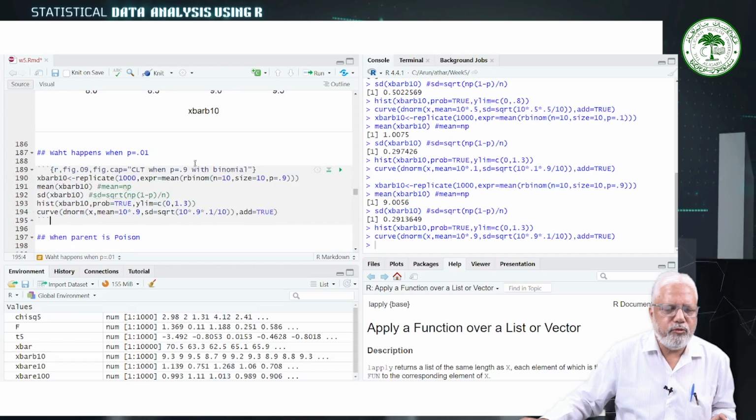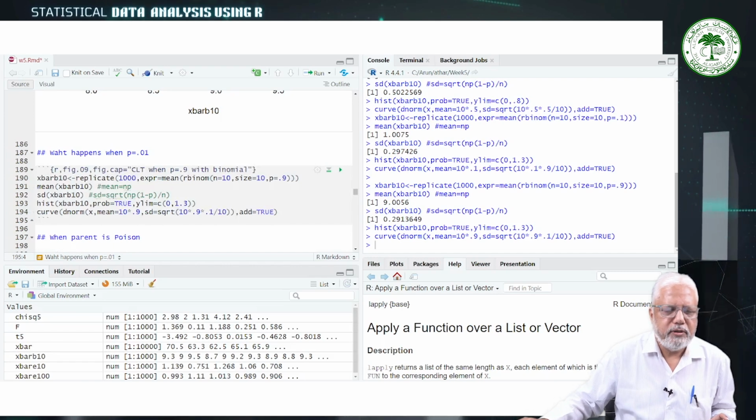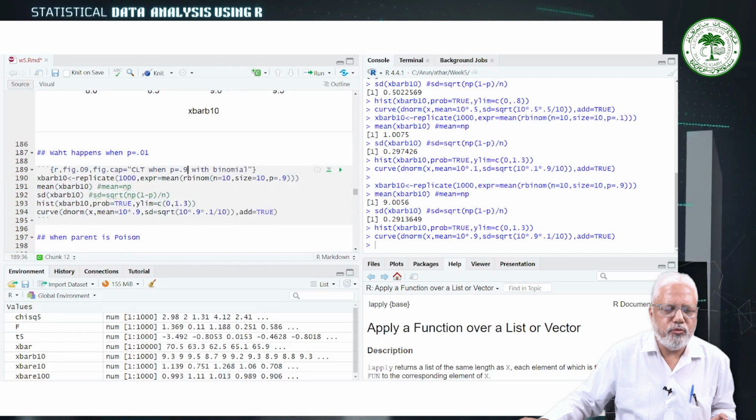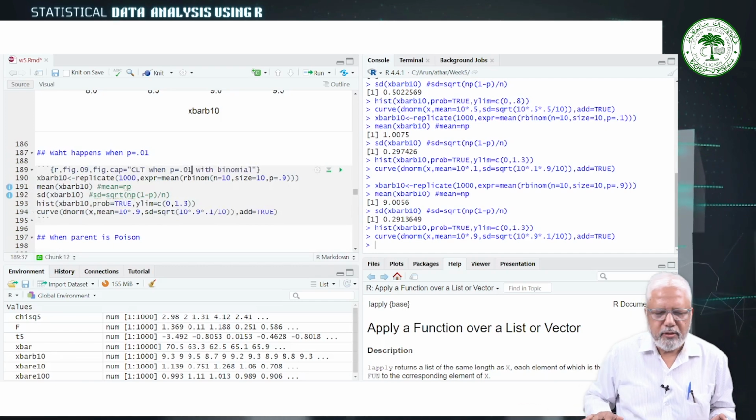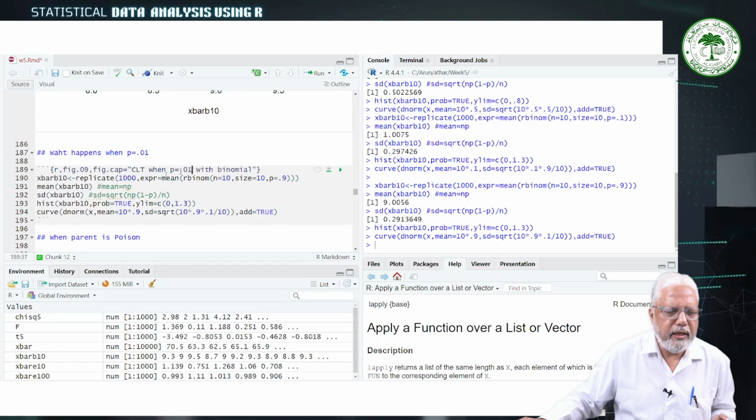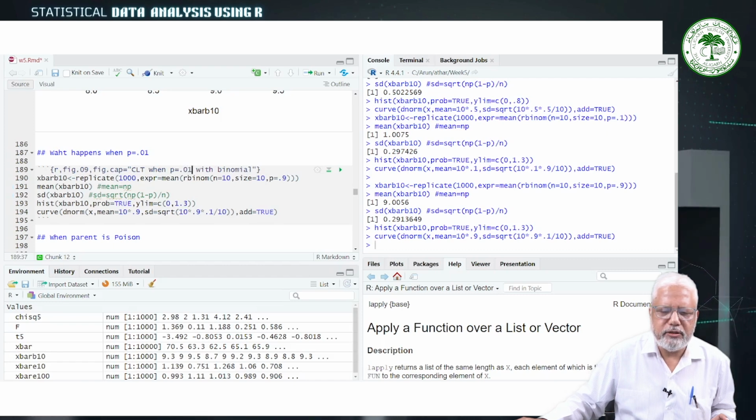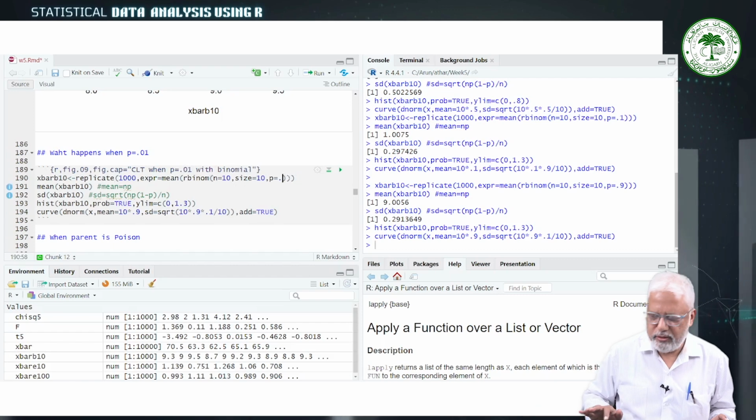So here we have to make changes: it is 0.01 and replicate.